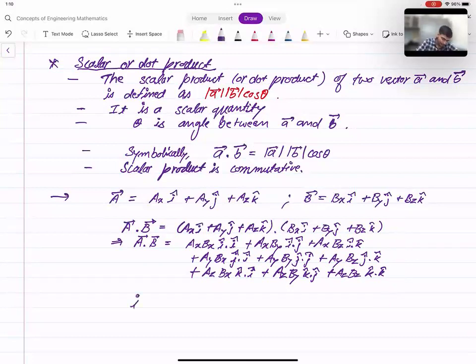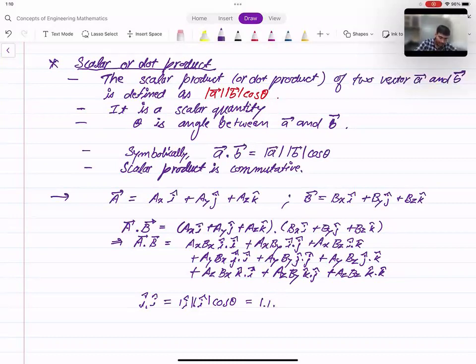Suppose we have I dot I, then this will be nothing but the magnitude of I into magnitude of I into cos theta. Okay, so magnitude is 1, and this is again 1 multiplied by 1. This is not the cross of the cross product, so let me put dot only so there will be no confusion, and this is now multiplied with cos theta.